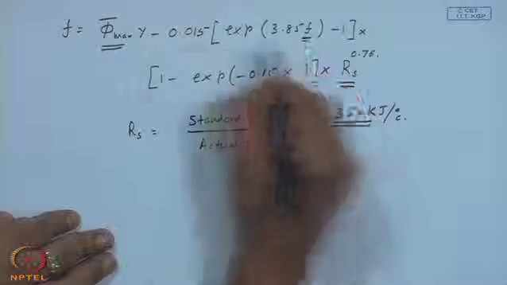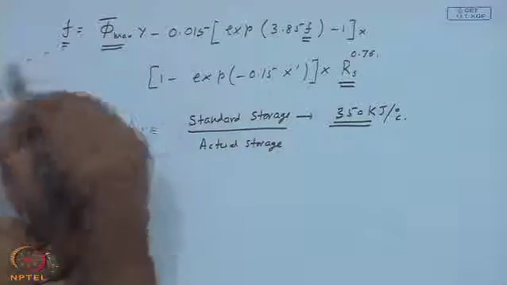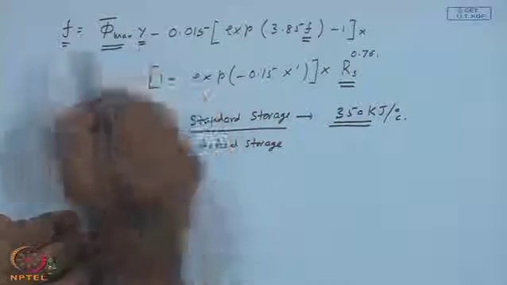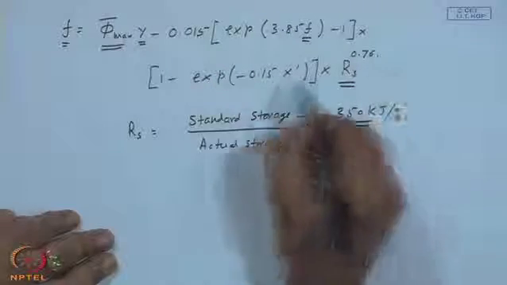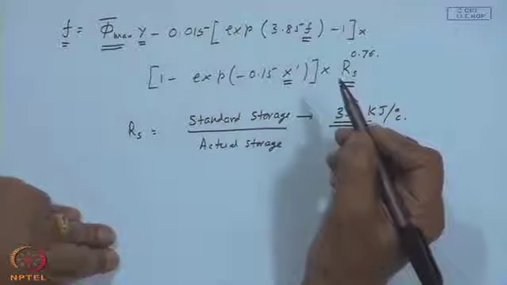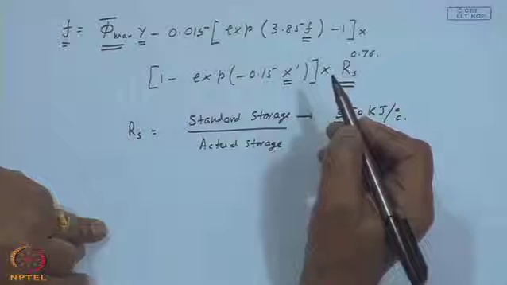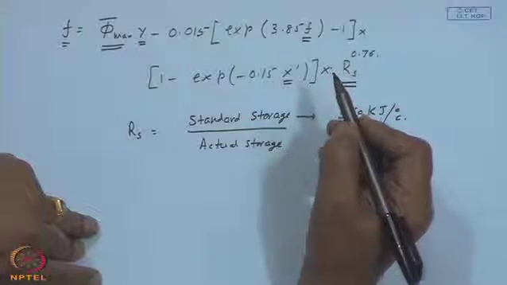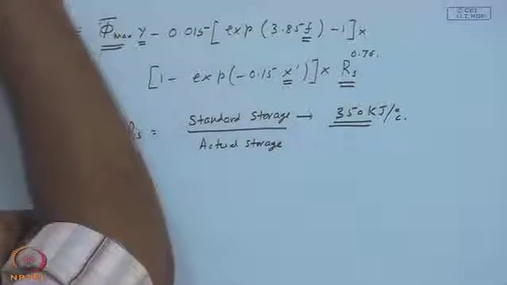This is an implicit relation in F, so it occurs on both sides. Y is the same as the F chart variable, and x dash is slightly modified, in that the 100 minus Ti is removed; it is only 100.